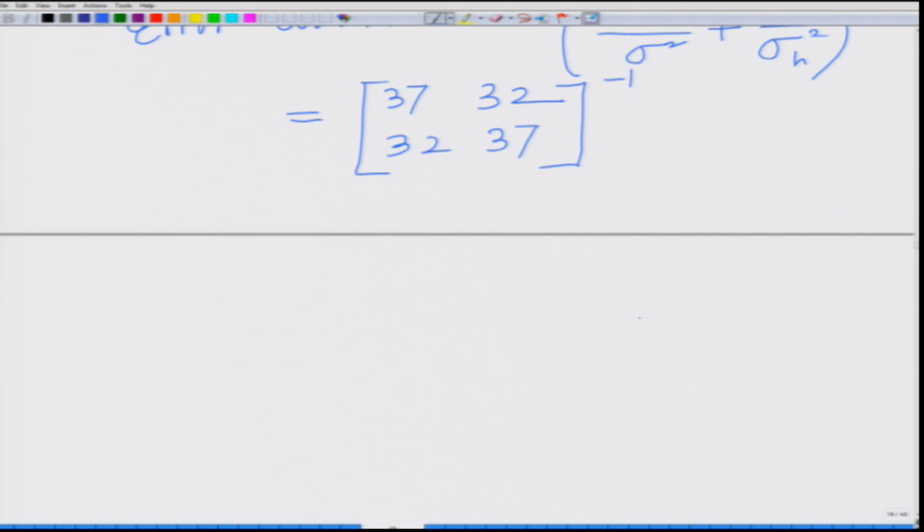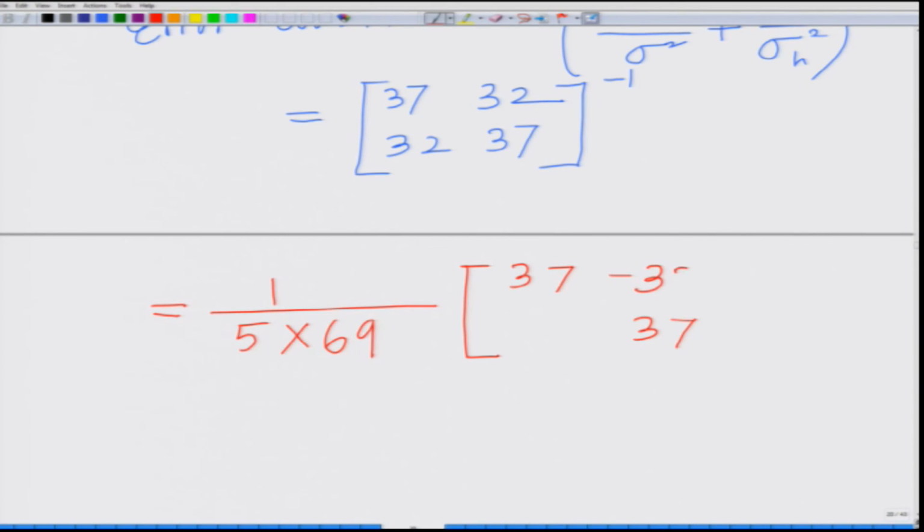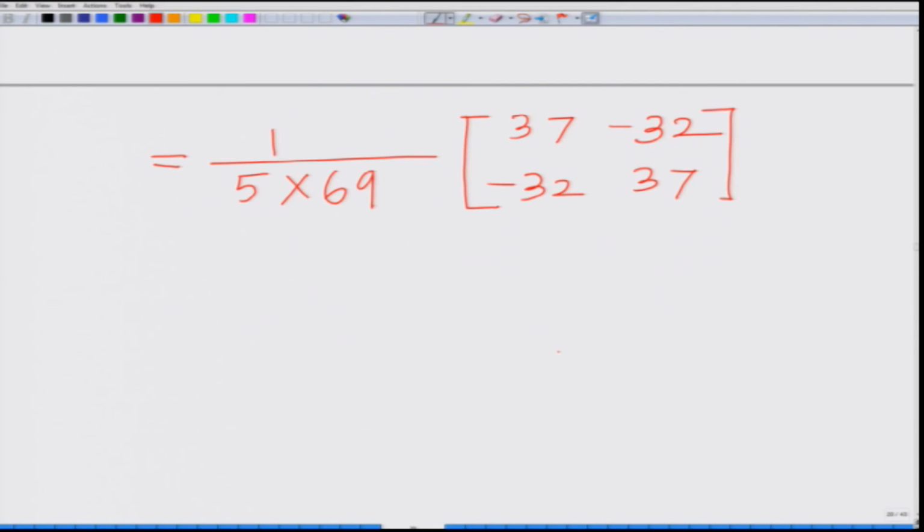This is a 2 cross 2 matrix, so the inverse is easy to compute: 1 over the determinant, 37 square minus 32 square, which is 37 minus 32, that is 5, times 37 plus 32, that is 69, times swap the diagonal elements and negate the off diagonal elements, minus 32 minus 32. The diagonal elements are 37 37.